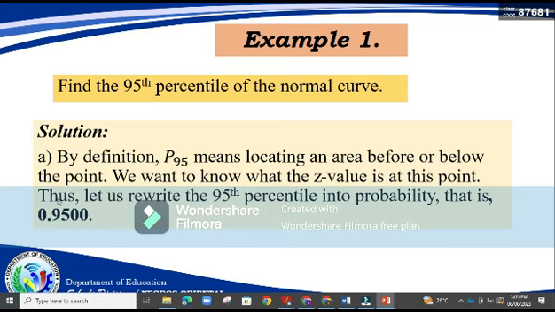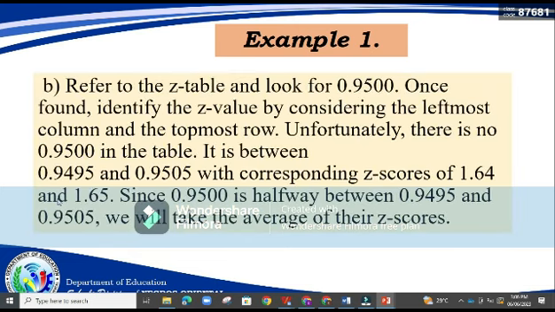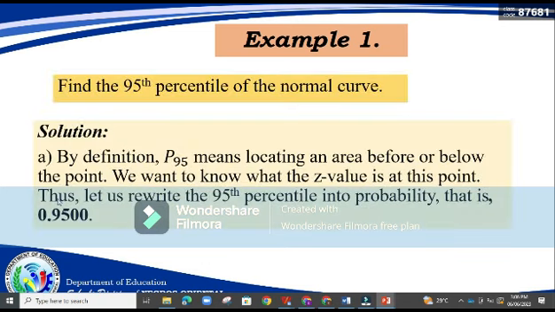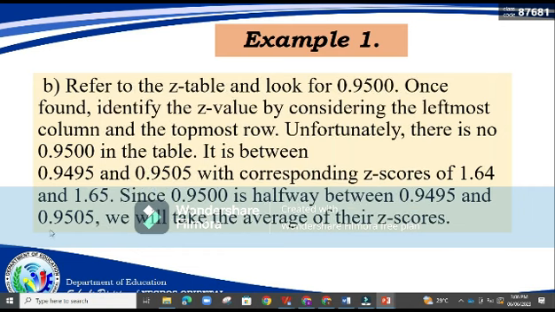Then we will look for the z-score. Okay, this is already the area, 95% of the normal curve. Then refer to the z table and look for 0.9500.